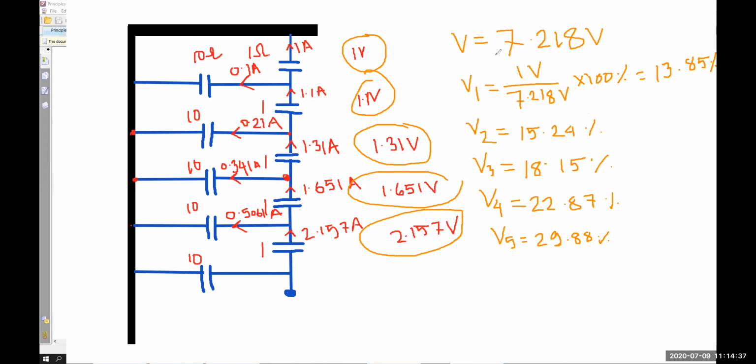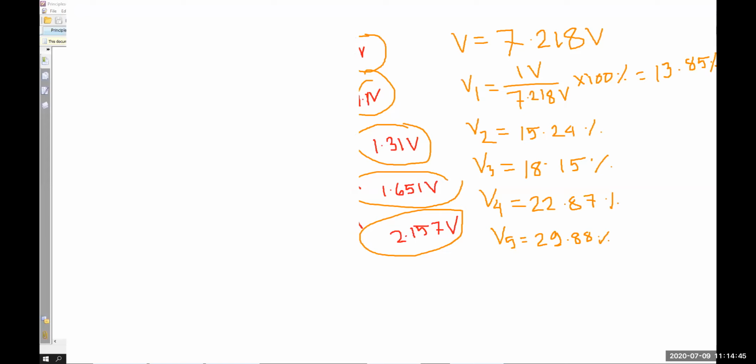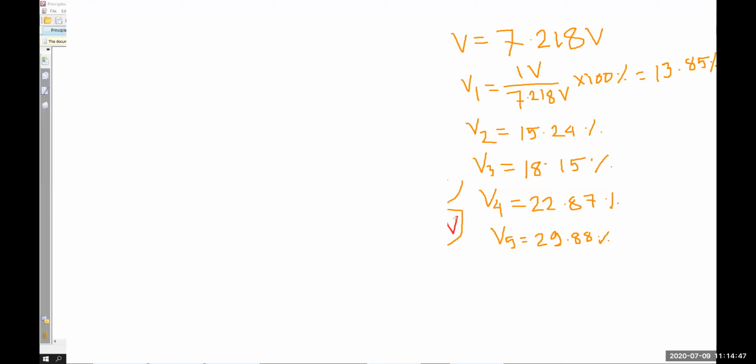Now we have to find out the voltages, right? All the voltages we have to find out. So how to find out the voltages? We already know the percentages, right? If we know the percentages, we know the voltage. Now our line to line voltage is given. Our line voltage was 100 kilovolt, right?